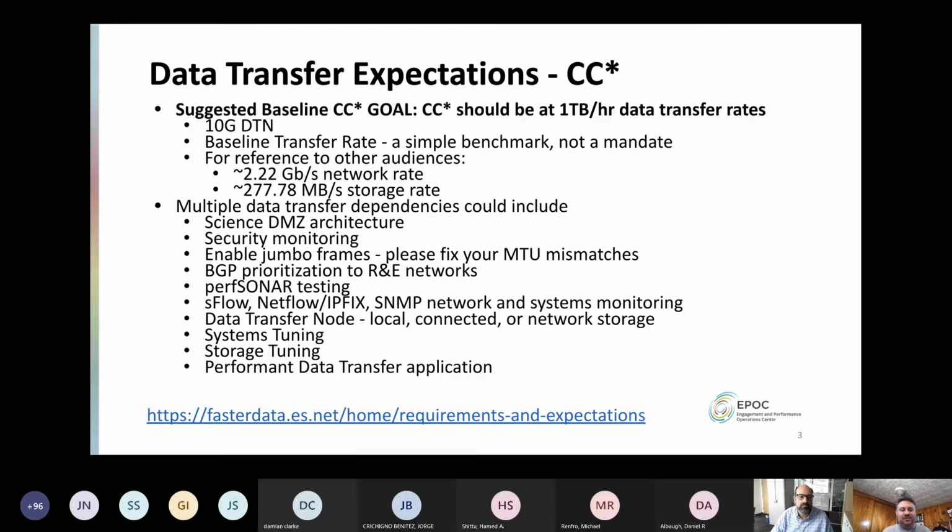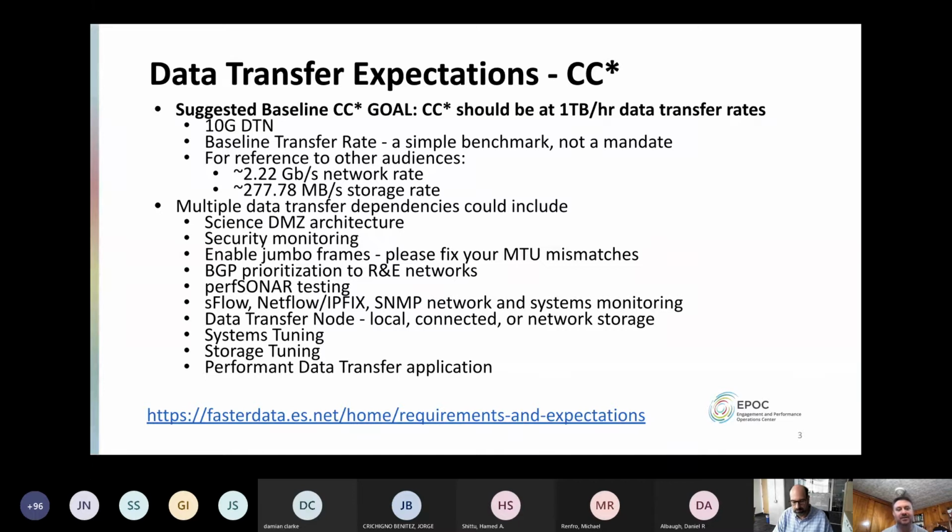It could be anything around tuning your BGP or BGP prioritization to R&E networks over commercial or commodity networks. perfSONAR testing, which comes in a little bit later in the talks. Whether you're doing sFlow, NetFlow, IPFIX, standard system and SNMP monitoring for your network. The individual data transfer node, which George will touch on a little bit, whether the storage is local, connected, or networked.